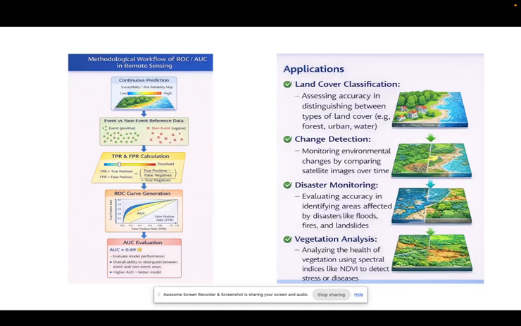And this is the methodology of the ROC in remote sensing. In remote sensing, it can be applied to land cover classification to assess the accuracy in distinguishing between types of land cover.